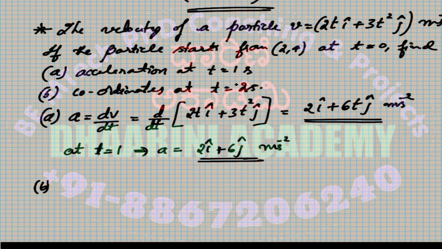Position vector will give you the x comma y coordinate. So I need to find S. S is equal to the integration of v into dt, right? S is the position. If I'm writing v in the vector format, I'm going to get S in the position vector format. So I'm supposed to do it in this way.